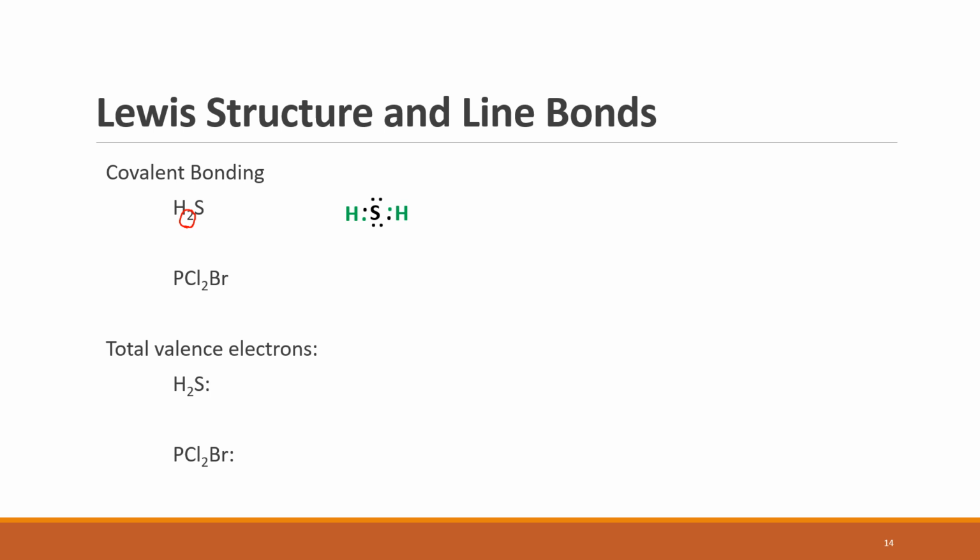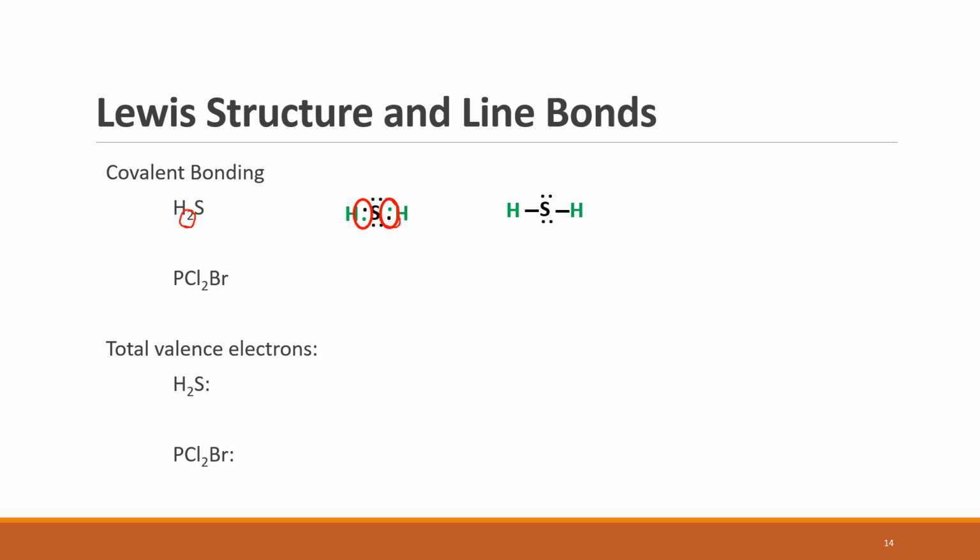Usually for the bonds themselves, instead of drawing dots like we see here, we're going to represent them as lines. Each line, each single bond, is representing 2 electrons, as you can see from the dots depicted, the green dot and the black dot off to the left.